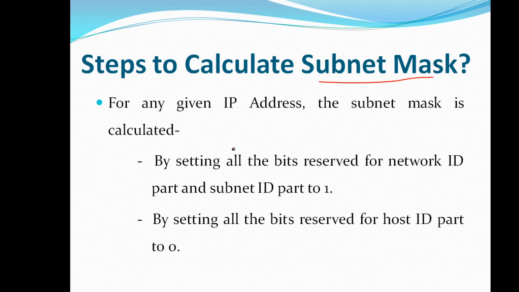First, set all the bits reserved for network ID part and subnet ID part to 1, and the remaining bits reserved for host ID part are set to 0. That represents the binary equivalent of the subnet mask. Then you can convert that binary into decimal notation, and that is the required subnet mask for the given IP address.